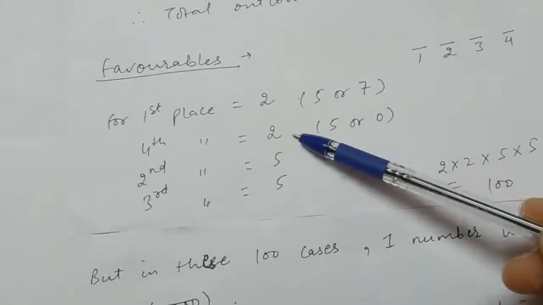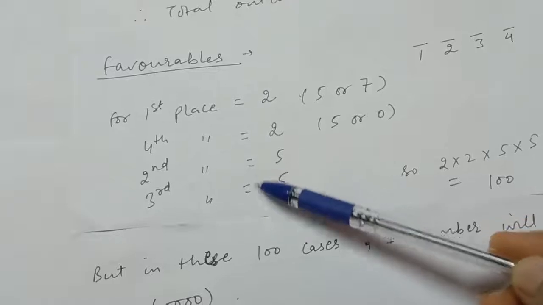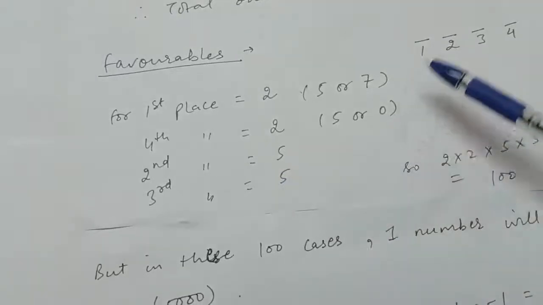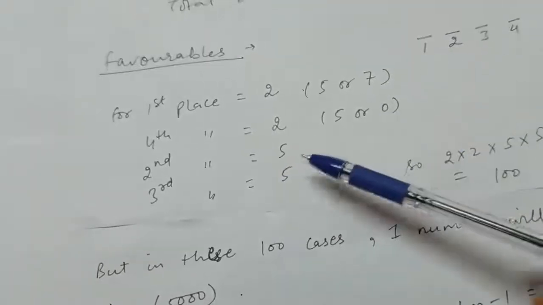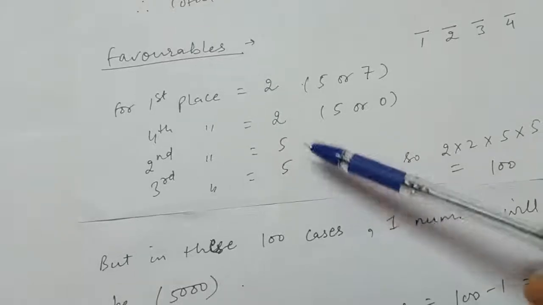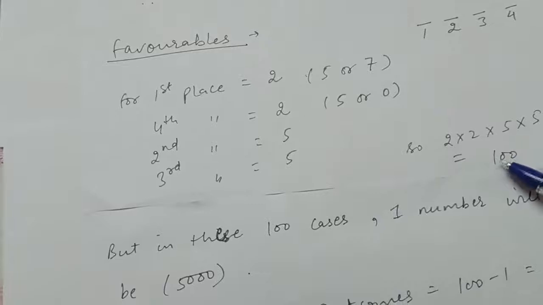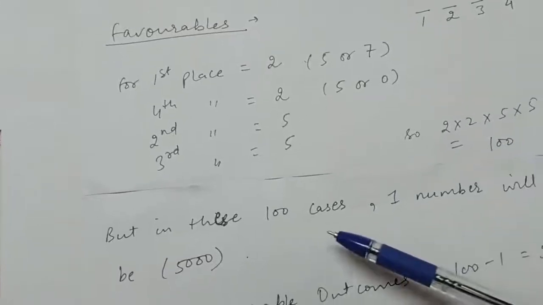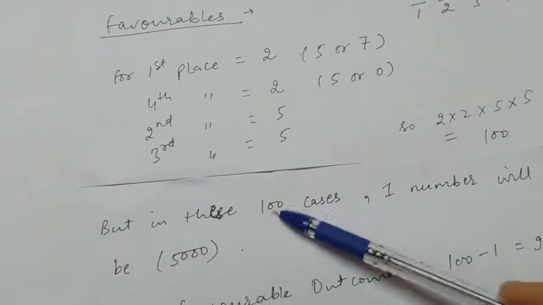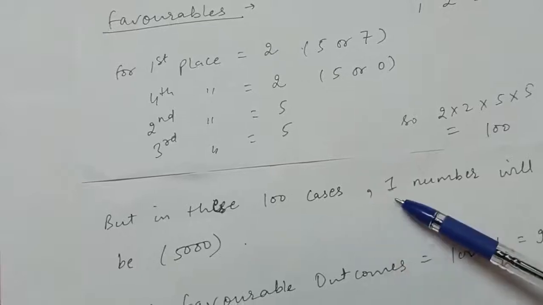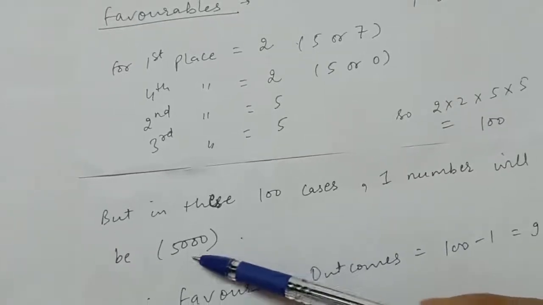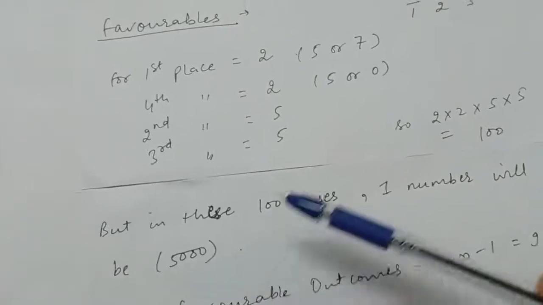So two options. And for the second and third place, because digits can repeat, any of the digits can come. So 5 options. That is in total 2 into 2 into 5 into 5, that is 100 options. But now again, in these 100 cases, there will be one case in which you will get the number 5000. Right?